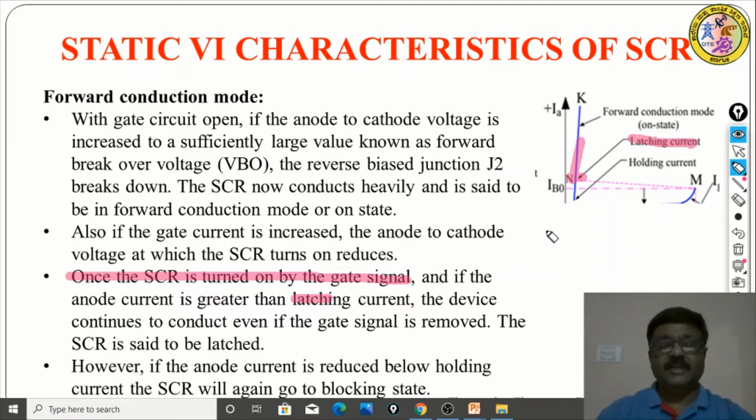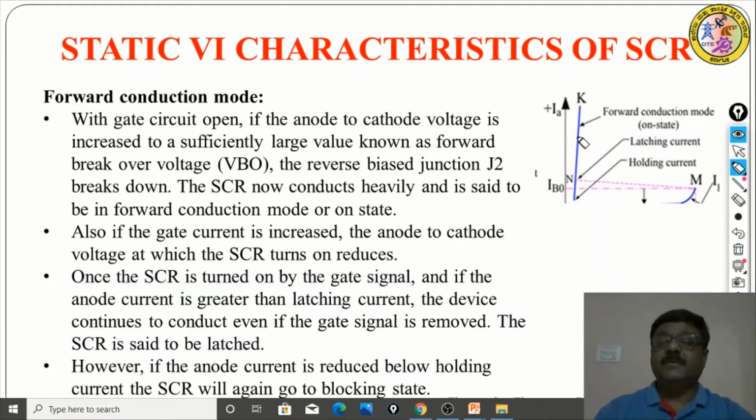If you remove the gate current, the SCR will still continue to conduct, and in this mode the SCR is said to be latched. The SCR will latch in conduction only when its anode current is greater than the latching current.